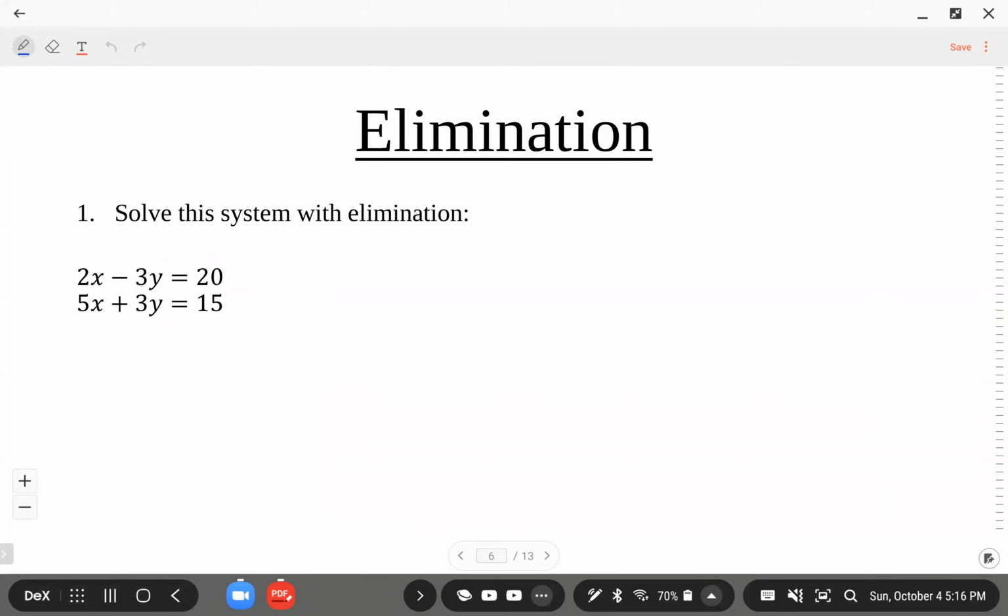So now I'm going to explain elimination. Okay, elimination. So this one, a lot of students have trouble with because they don't understand why it works. Okay. So elimination is basically adding or subtracting the equations.